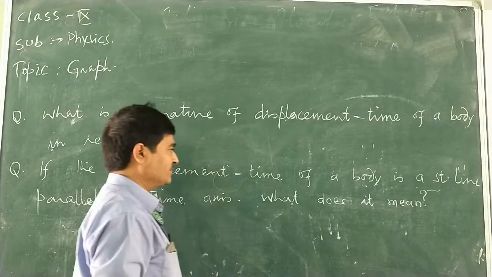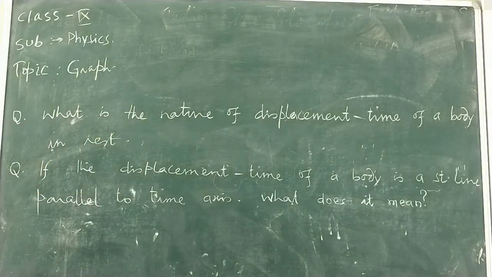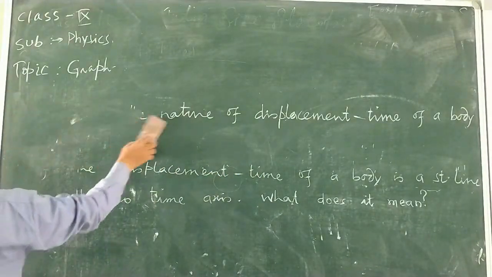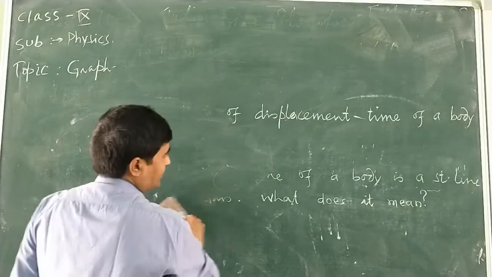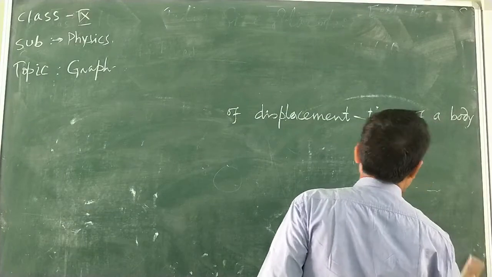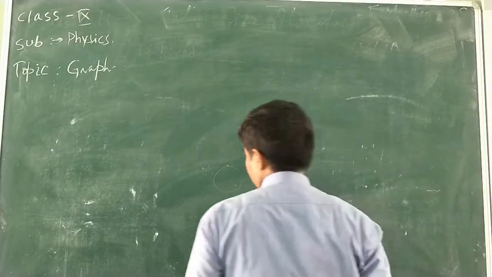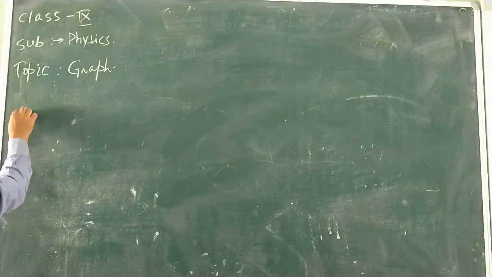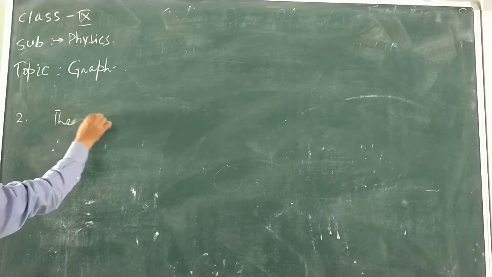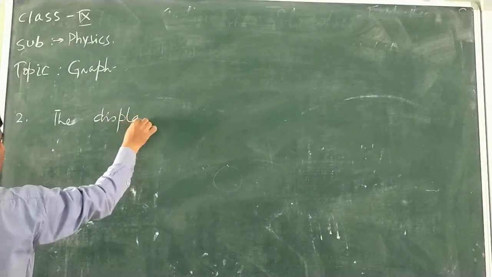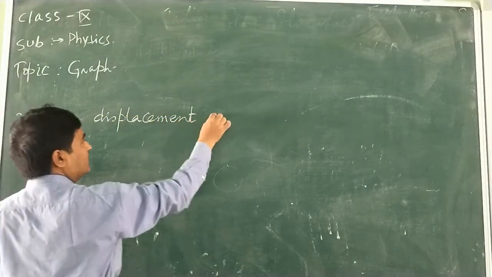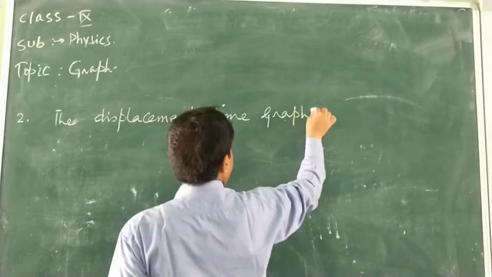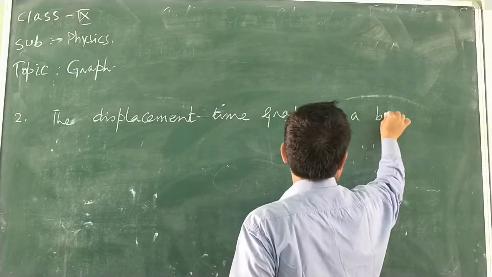Now, the second example, which will also be a displacement time graph: the displacement time graph of a body in uniform motion.